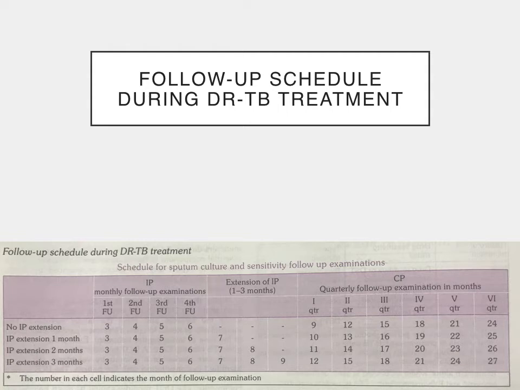The extension of the intensive phase could be for 1 to 3 months, then the continuation phase, and then the quarterly follow-up examinations in months are shown over here in this table.